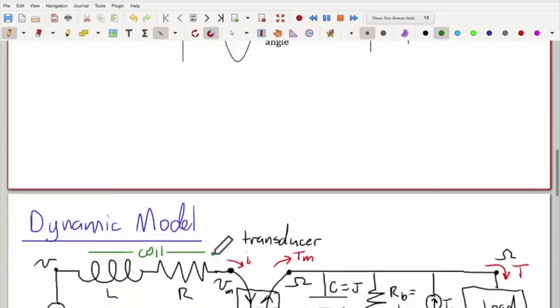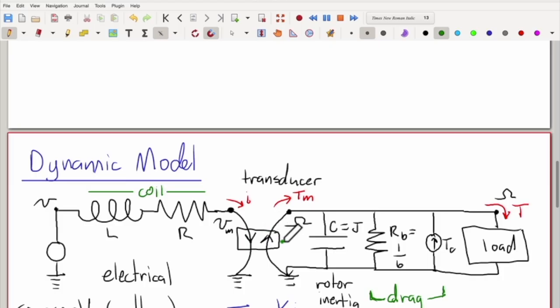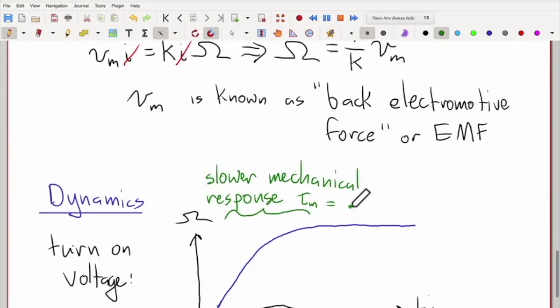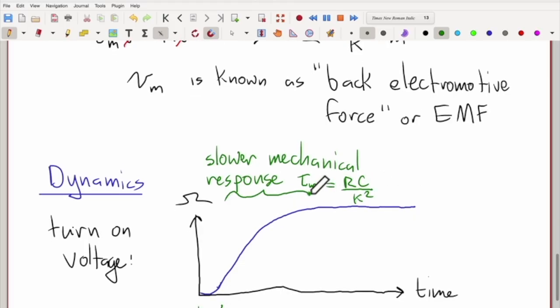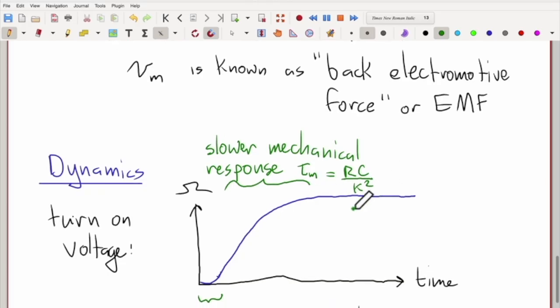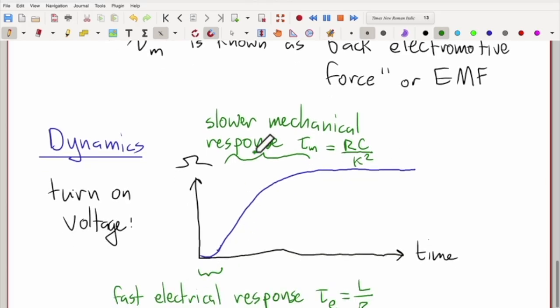When you have this resistance and you reflect it through this transducer, it looks like this R times C, but you also have this constant K squared that appears here. I won't derive that here, but that's just how it comes out if you derive it yourself. So we have these two dynamic responses for these two systems.